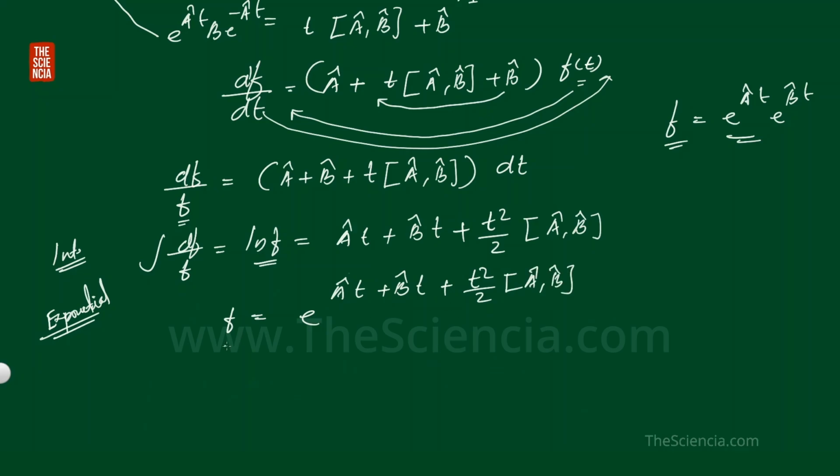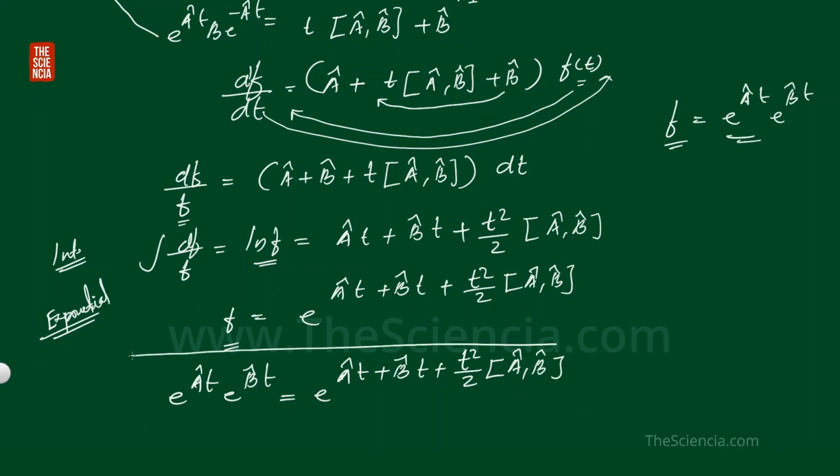That is, we know f is equal to e raised to At, e raised to Bt, that is e raised to A cap t, e raised to B cap t is equal to e raised to A cap t plus B cap t plus t square by 2 commutator A cap B cap. So this is the answer. This is the general solution, right?